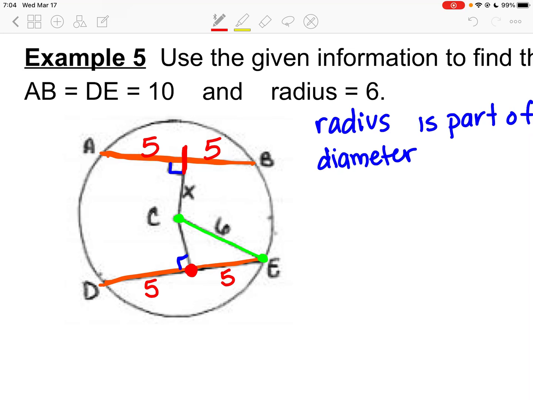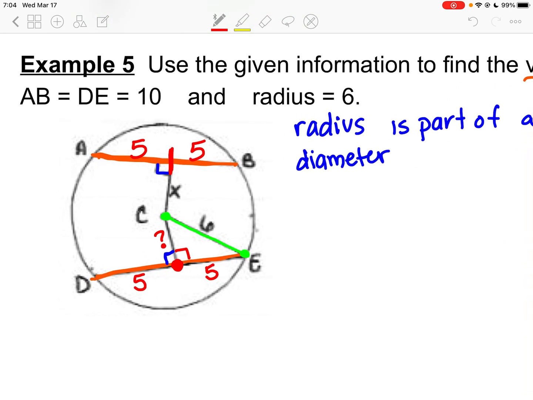So what I've ended up with here is a right triangle with a missing side. If I have a right triangle with a missing side, I use the Pythagorean theorem. That's a squared plus b squared equals c squared. The hypotenuse of a right triangle is always across from the right angle. So 6 is going to be the hypotenuse, and these two things are going to be the side lengths.